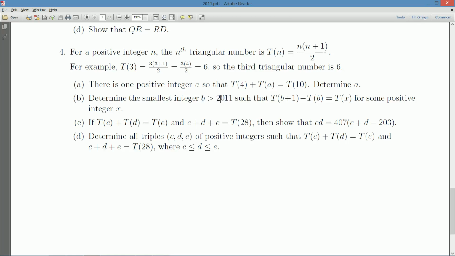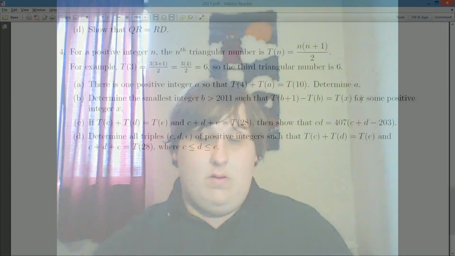So that's the smallest integer b so that this all works out. What we could do if we really wanted to double check is say b is going to be 2015. Let's make sure we got it right by figuring out t of b plus 1, so t of 2016, and t of 2015. Subtract them and see whether we really get the t of 63 that we desire. I'm just going to quickly do that on a calculator, just to verify.